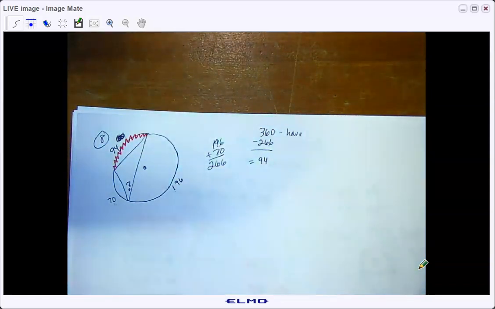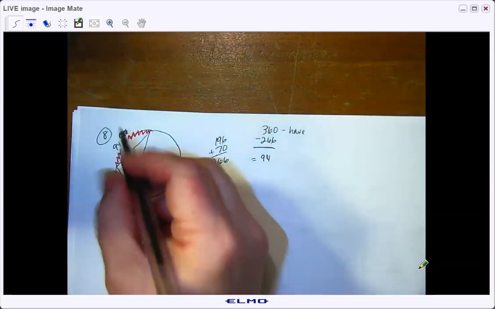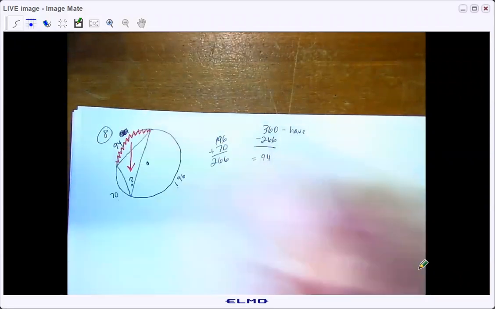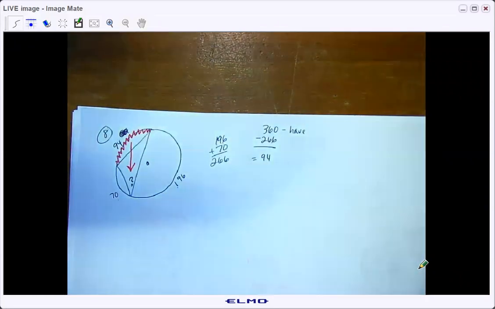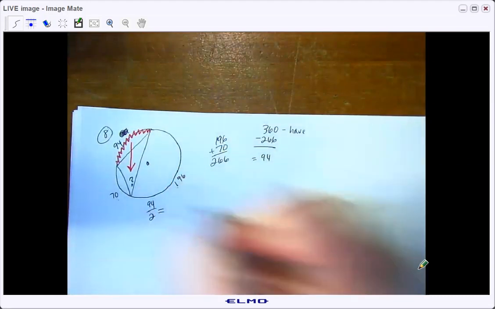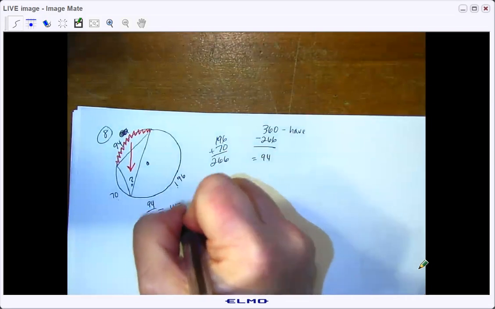Yes, you did, Elias. So far, everybody's got it. Okay, then we can use our half double relationship, and the angle is always half of the arc. So 94 divided by 2 is going to give us 47.